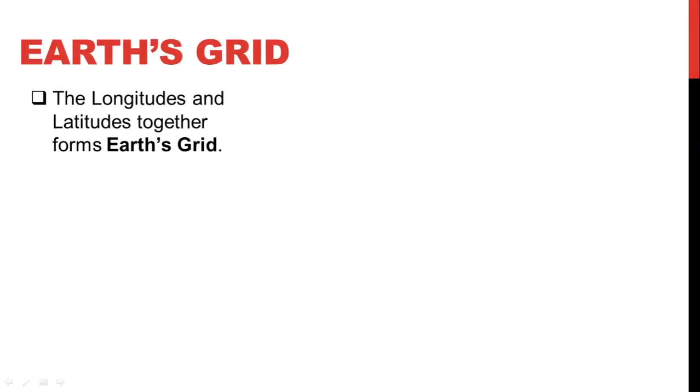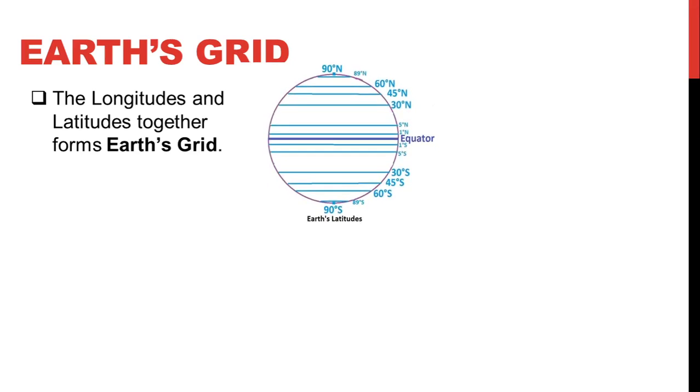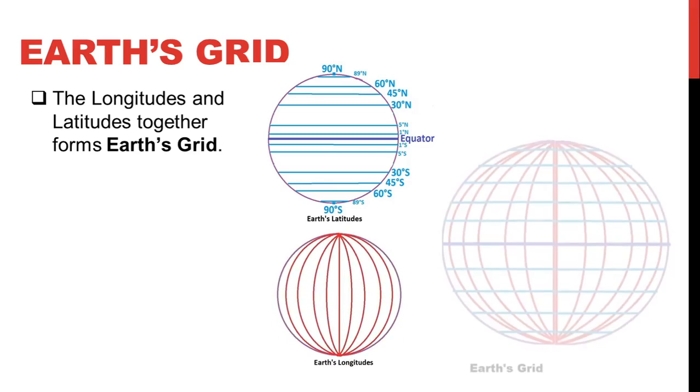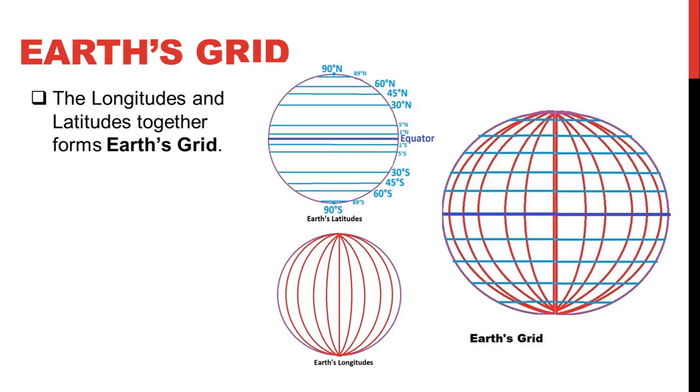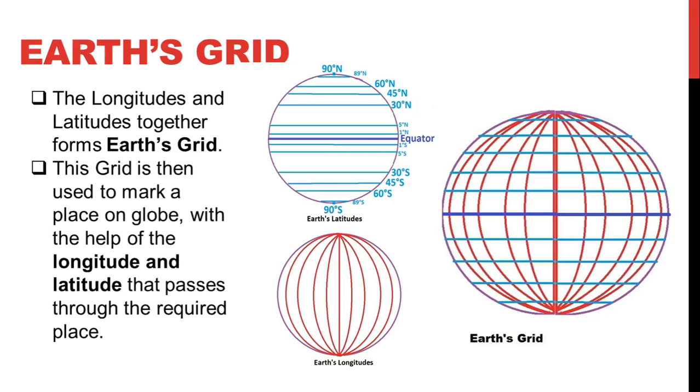Earth's grid. The longitudes and latitudes together form Earth's grid. This grid is then used to mark a place on the globe with the help of longitudes and latitudes that pass through the required place.